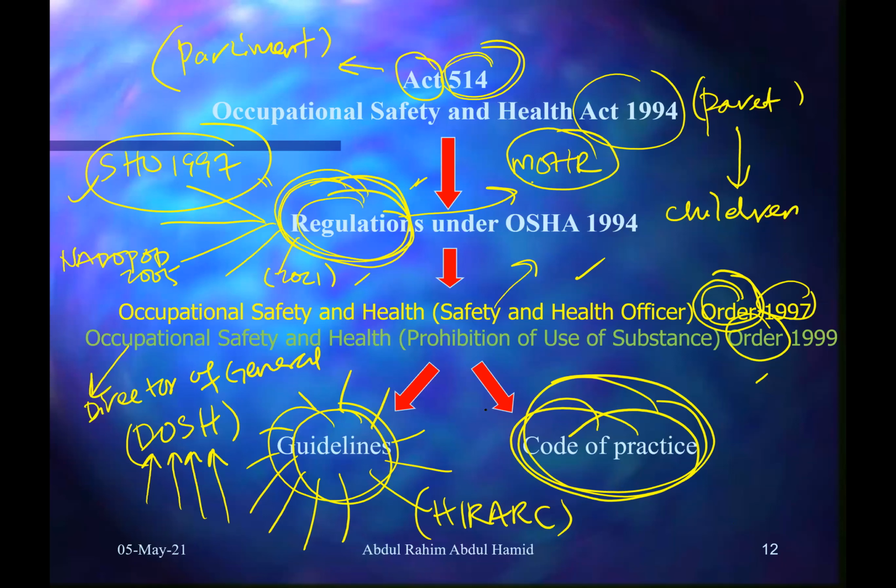Let's say you say we do not use the code of practice released by DOSH, but we have our own, such as what we mentioned during the professional talk last two weeks. They have their own because Petronas has a lot of funds and resources. They can come up with their own, which could be much better than the current code of practice.